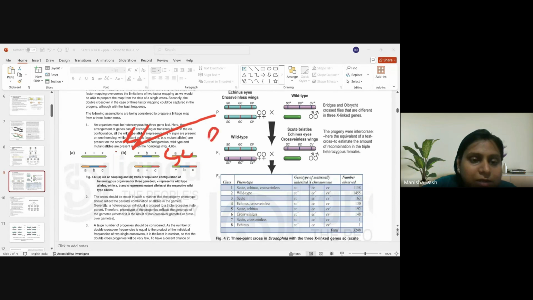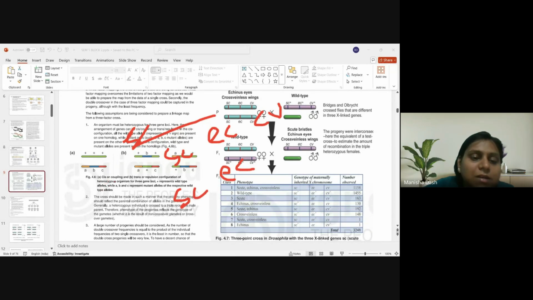then EC, then CV. And what is one of the double crossover genotypes you are having? It is echinus, meaning it is only having E and C. The rest of the characters are what?